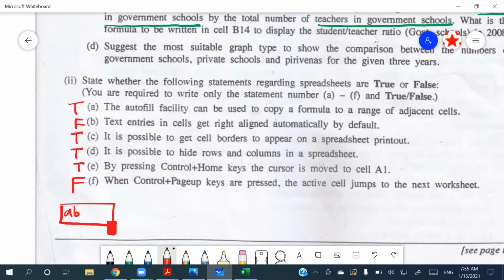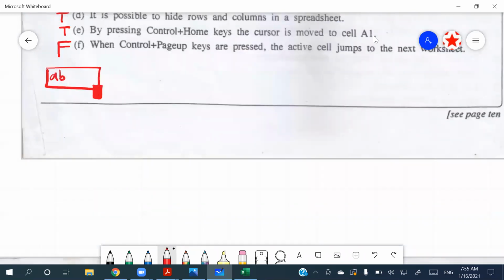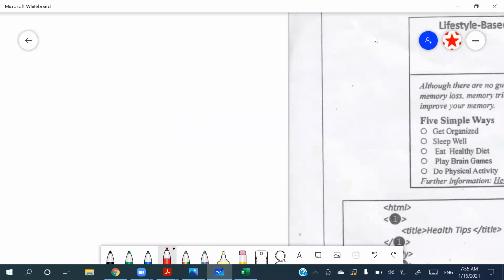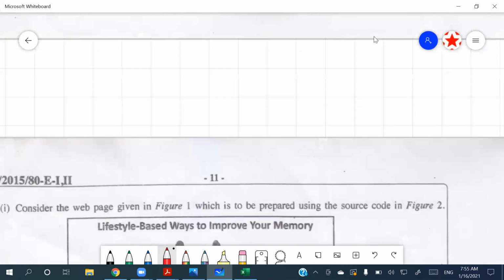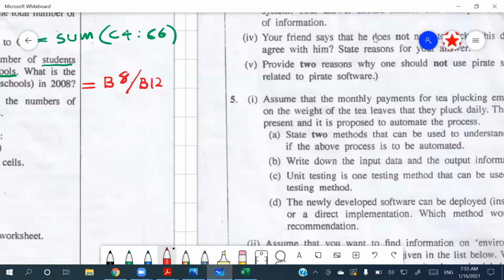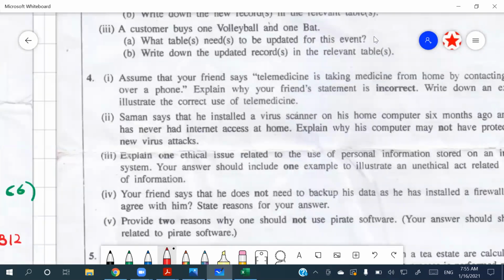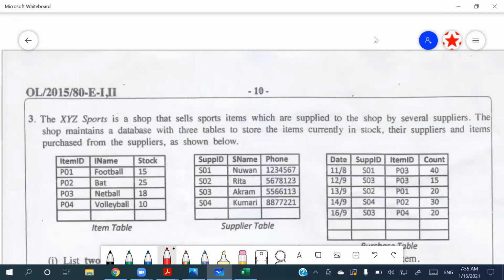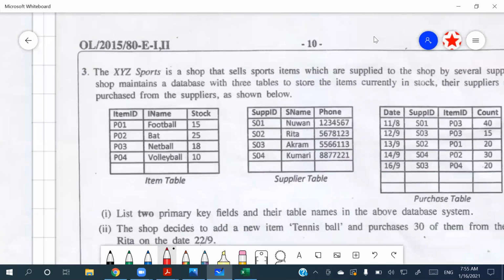Right, so moving to the second one. Where is the second one? The third one, sorry, not the second.